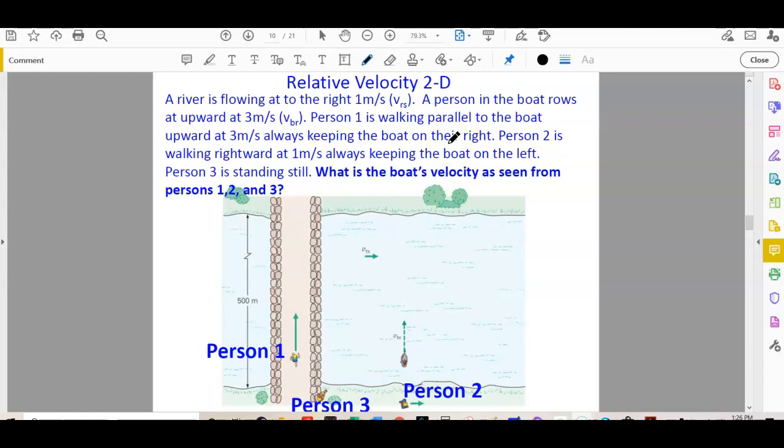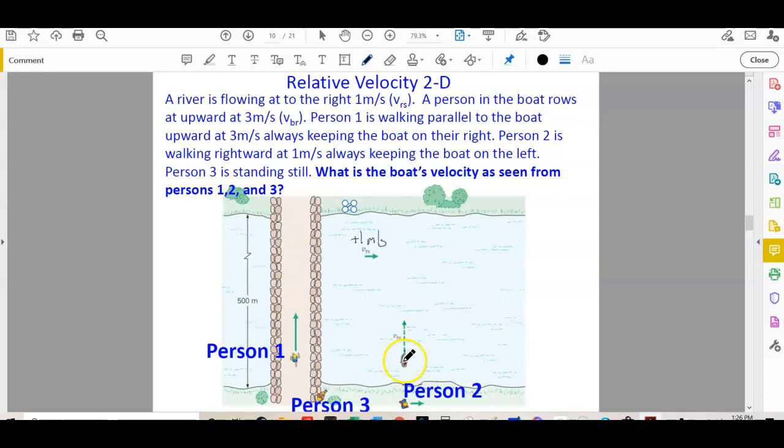So here's a great example that we should all try. And this is all relative velocities. Okay, so now let me help set this up. You've got a river, and a river is flowing. This river is flowing at 1 meter per second to the right in the x direction.